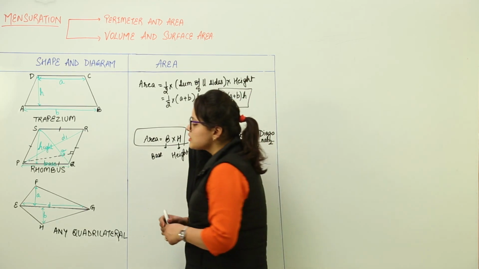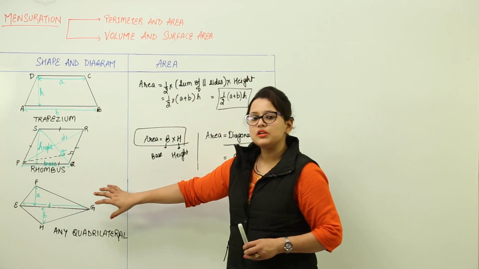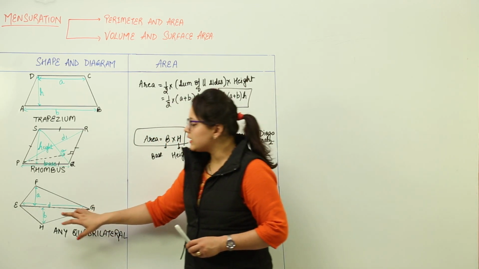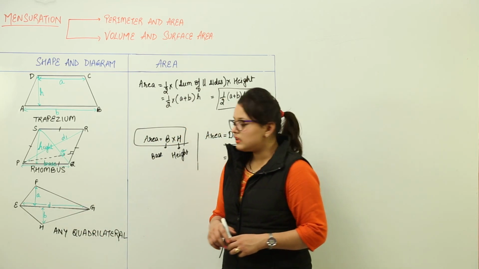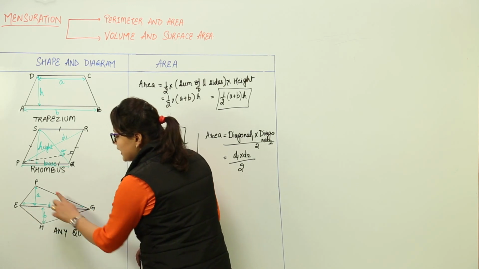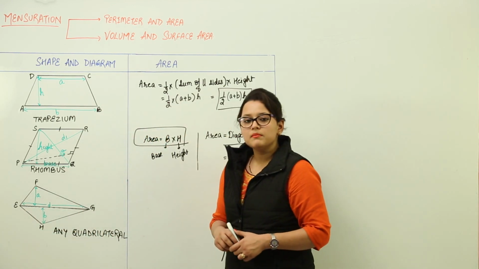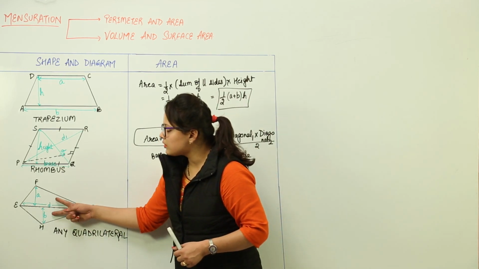For such figures, you must join the diagonals or divide the quadrilateral in such a way that you get two shapes of which areas you are already aware. Like I have joined E and G, that is I have made a diagonal for this quadrilateral, and by doing so I have divided the quadrilateral into two triangles.